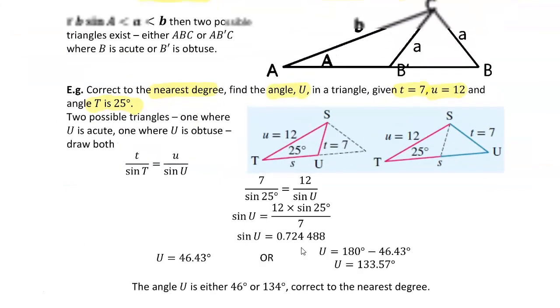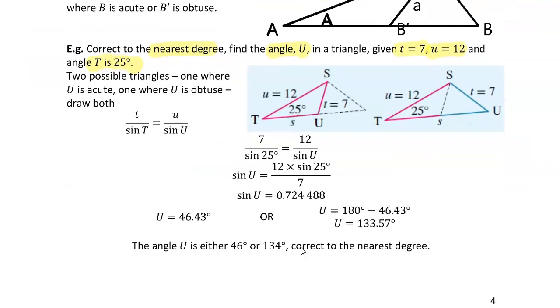So there's two possible angles. Two possible triangles. One where U is acute, one where U is obtuse. We draw both, and then we use our sine rule. We're substituting our knowns and unknowns. So that gives us that.